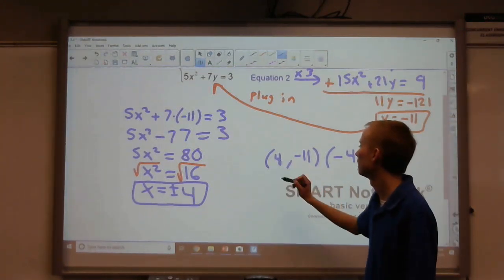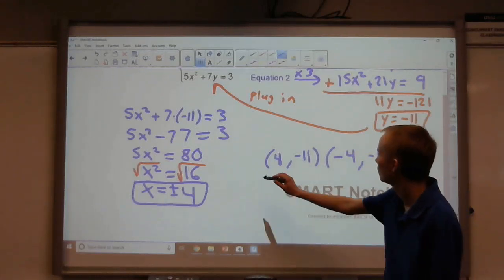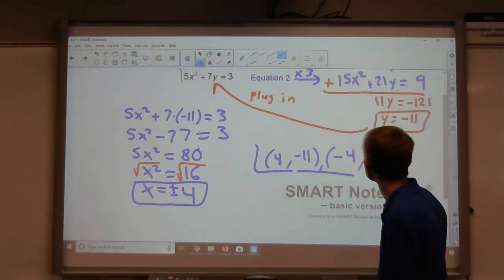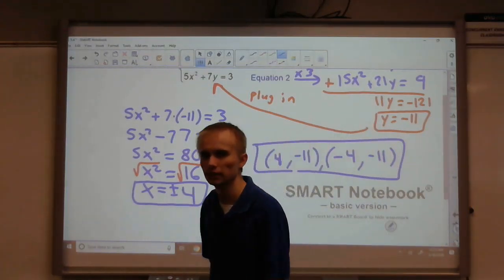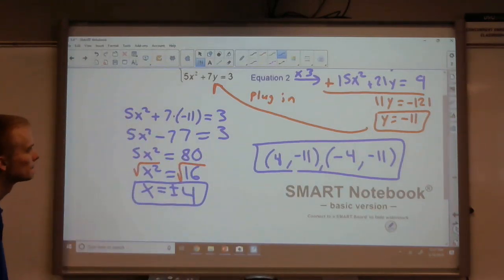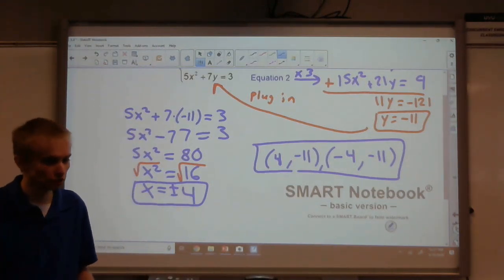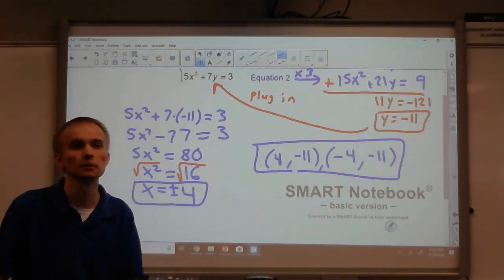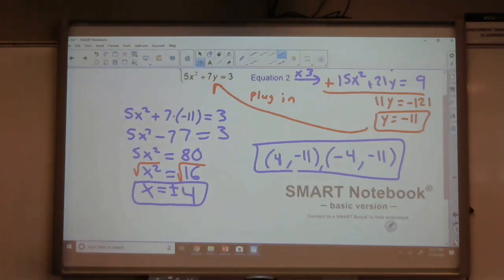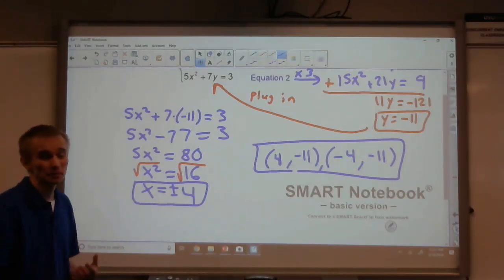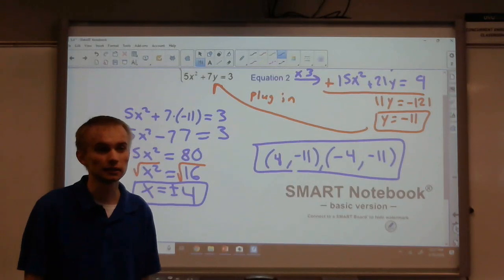They both have the same y value. Okay? So that's my answer here, would be these two. So not too bad, right? It's not too bad to solve these. We just do the same sorts of methods that we did for linear equations. There's just maybe a little bit more going on with these ones than the other ones, okay?